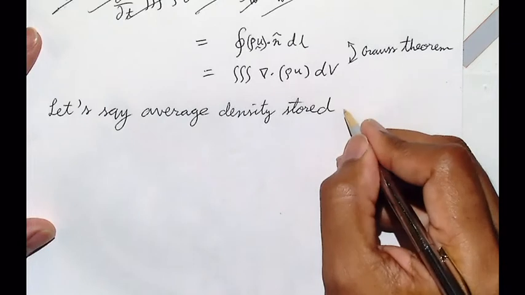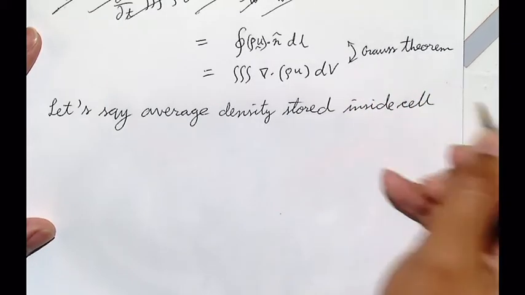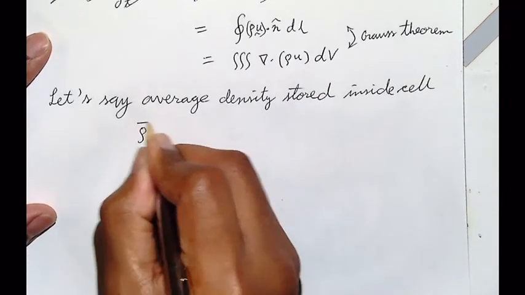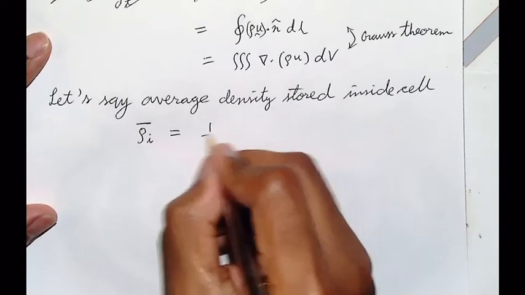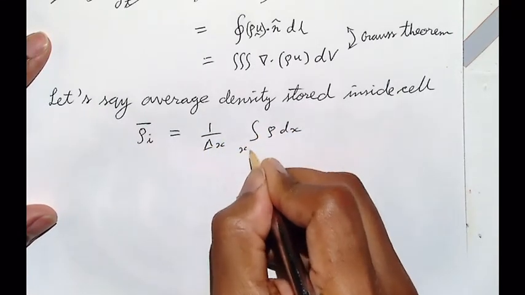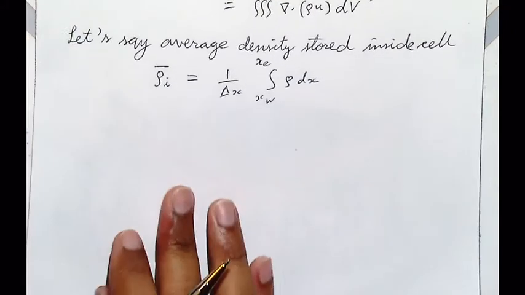How would I compute this? Let's say this is rho I bar. We can just say this is 1 over delta x integral of rho dx, x west to x east. Make sense? Okay.